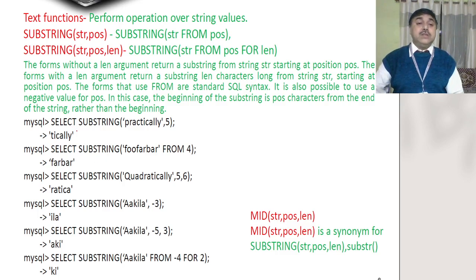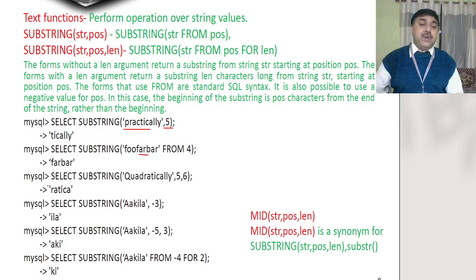Clear? Substring practically, we have written practically and then 5. 5 means it will take 5 values. Substring from 4: 4 means, see here, F A R, 1 2 3, this is 4. From the fourth character all the values will be taken.